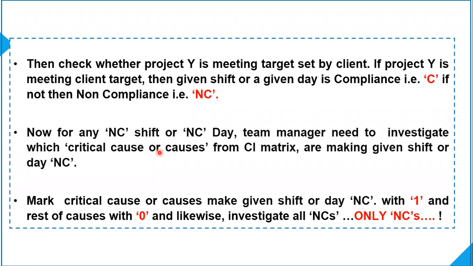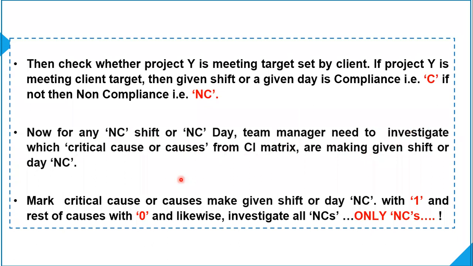So here it is an NC shift, right? So for any NC shift, the team manager needs to investigate which critical cause or causes from the CI matrix are making the given shift or day NC.